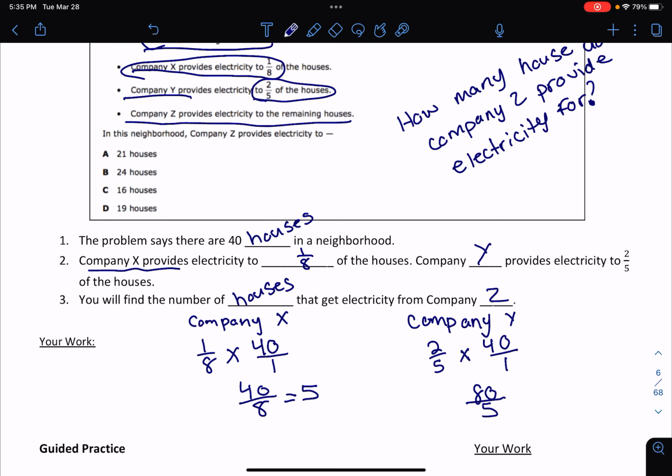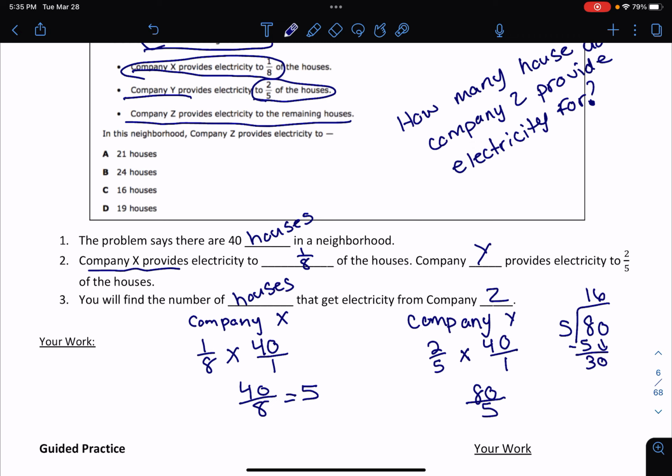Okay, so now you have 80 divided by 5. So 8 goes into 5 one time. That's 5. Bring down your 0. 8 minus 5 is 3, and then 0. So 5 goes into 30 6 times.